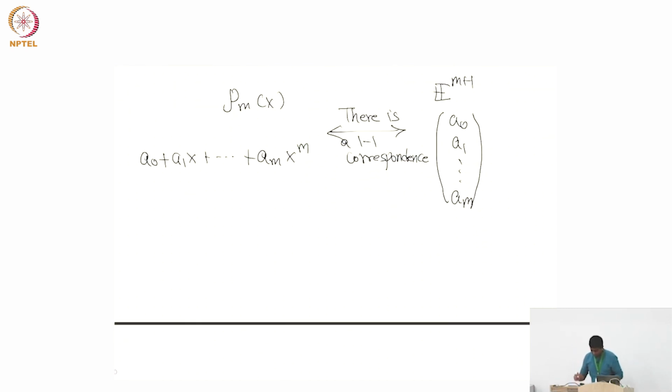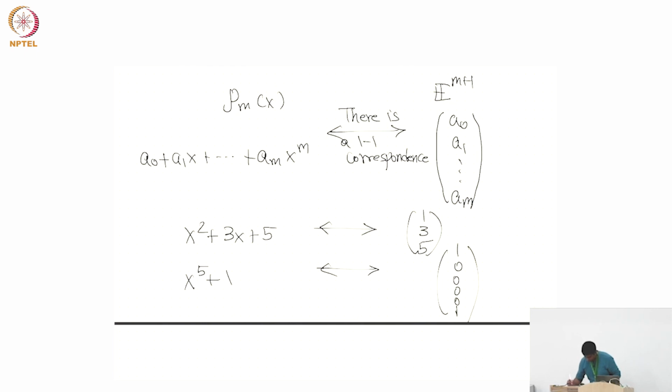So for example, just to make it concrete, x squared plus 3x plus 5 is the same thing as (1, 3, 5), or maybe something like x to the power 5 plus 1 is the same thing as (1, 0, 0, 0, 0, 1). It's an element of E^6.